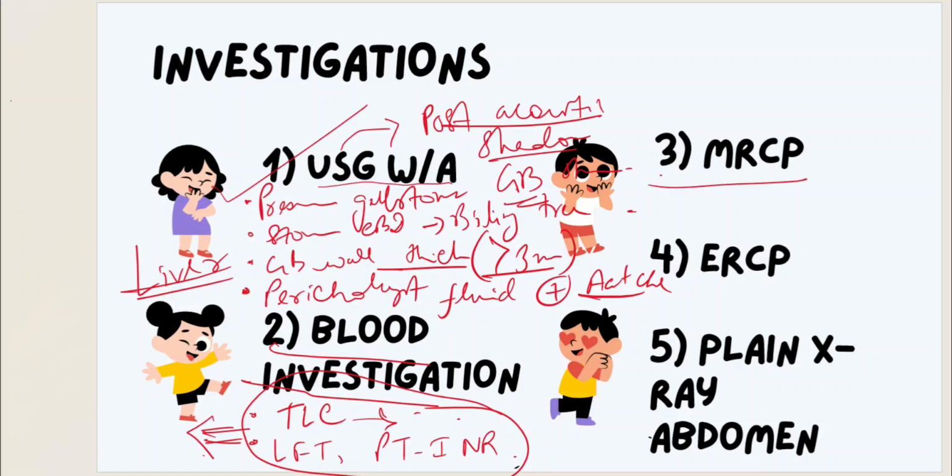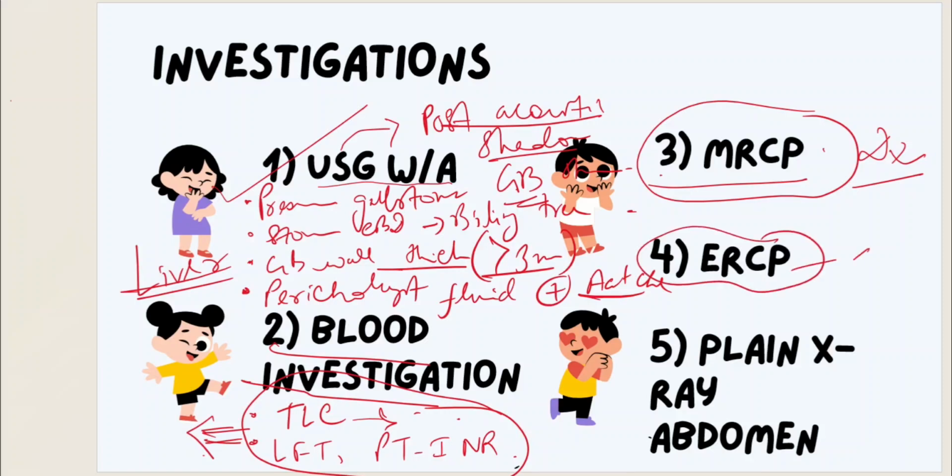Then MRCP. MRCP is a diagnostic investigation, and ERCP is a diagnostic plus therapeutic procedure. So what is MRCP? Magnetic resonance cholangiopancreatography is a non-invasive modality that provides excellent images of the gallbladder as well as the biliary system.